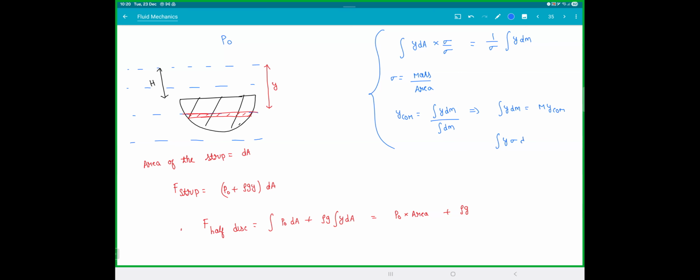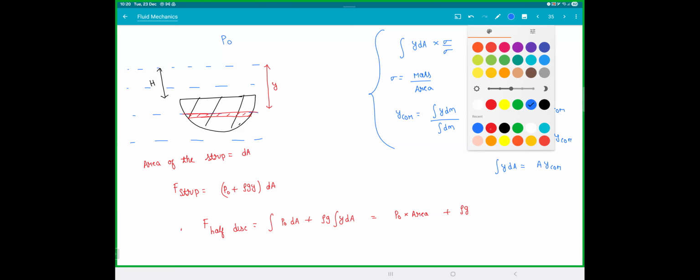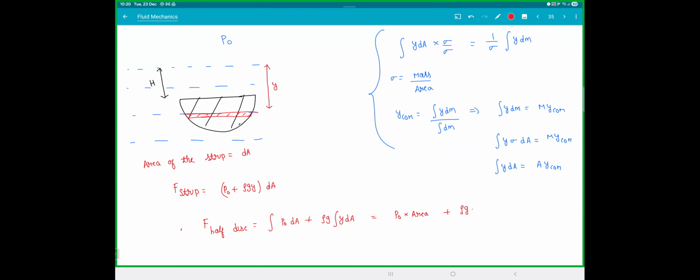Y sigma dA is m by com. So integral y dA, mass is sigma into area. That will be area into y center of mass. So this becomes rho g, integral y dA is area into y center of mass. So we got force on the half disk is P naught plus rho g y center of mass into area.